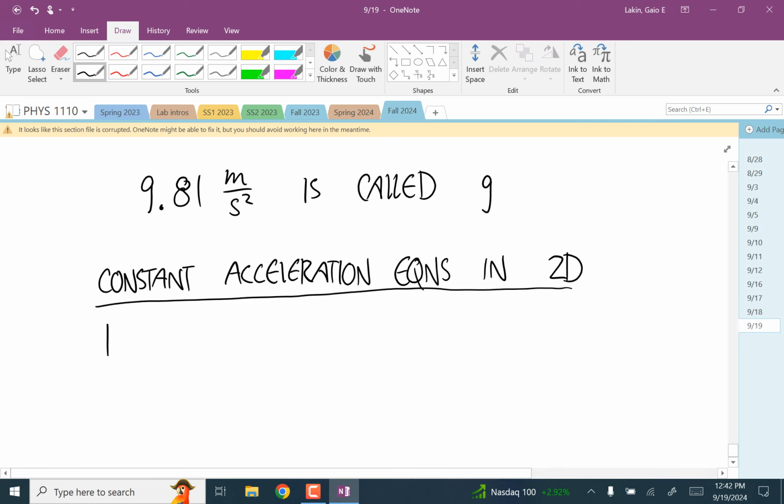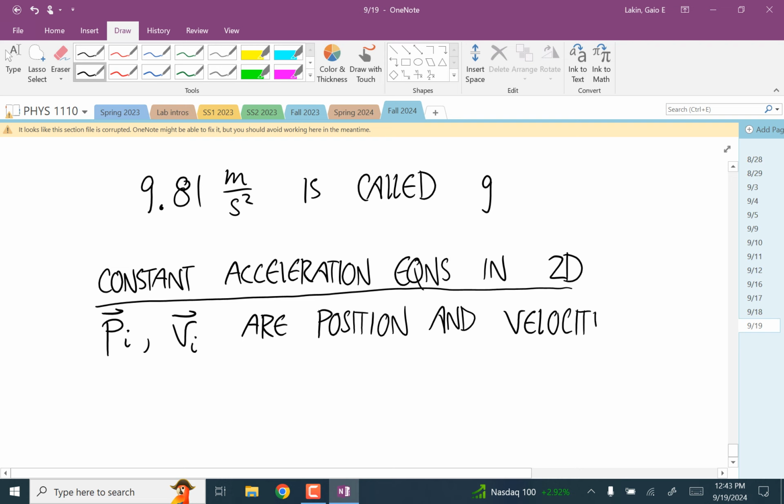So this time, P sub I and V sub I are the position and velocity at the time t equals 0.